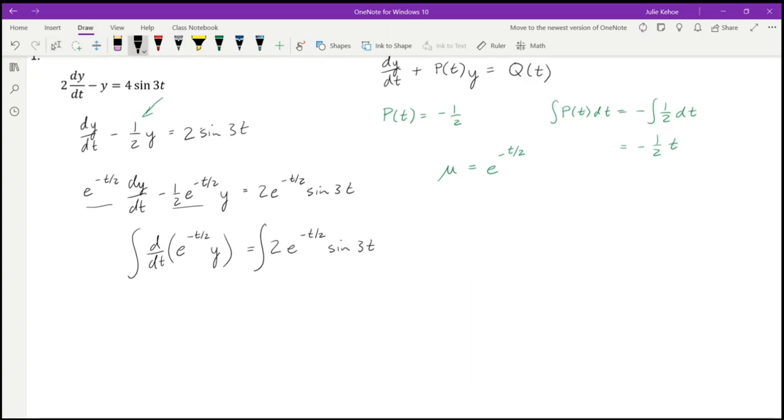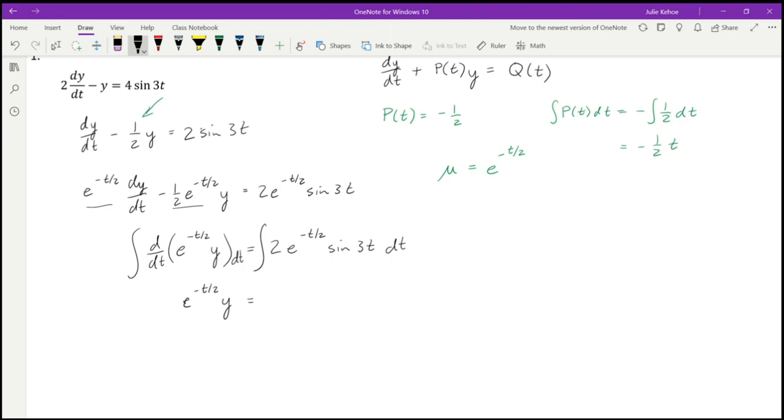We can just go ahead and throw an integral out in front here, as long as we're clear that we're integrating with respect to t. And so on the left side, the integral and the derivative effectively cancel out, and I end up with just e to the negative t over 2 times y. And then I just need to integrate the right side of the equation.